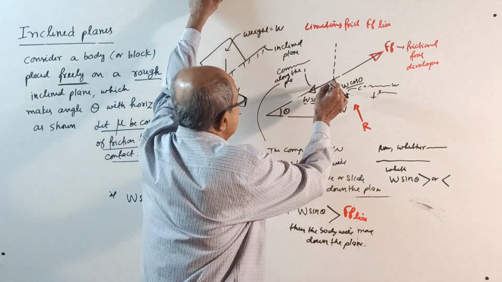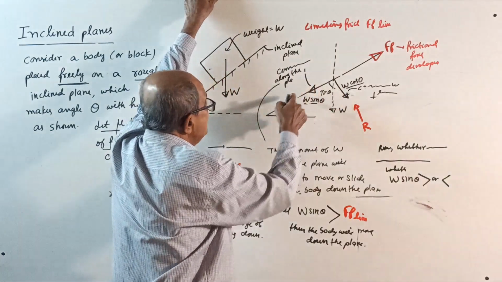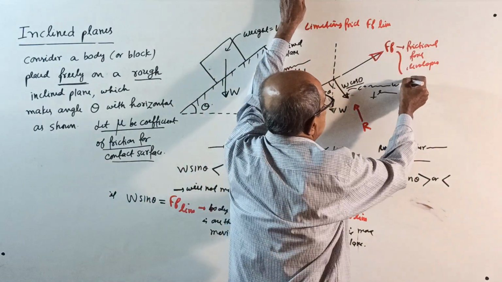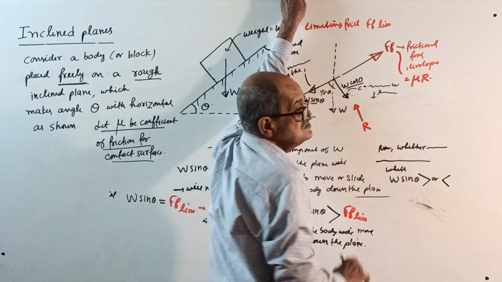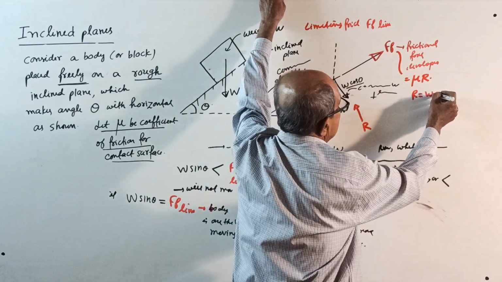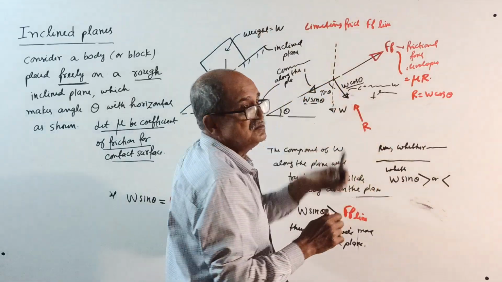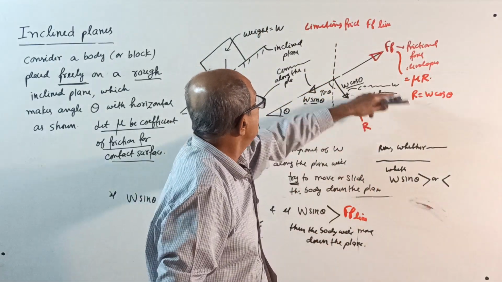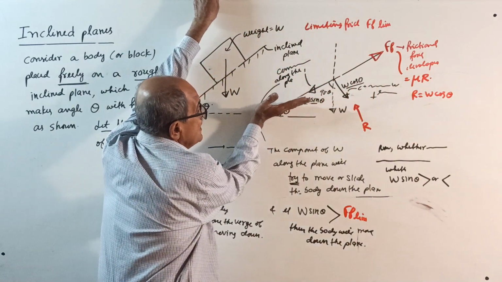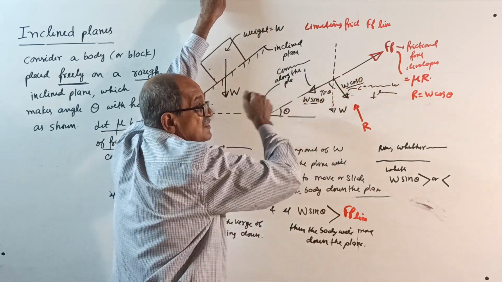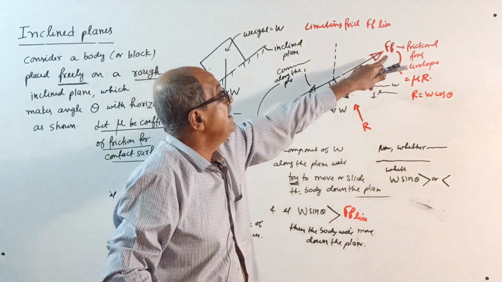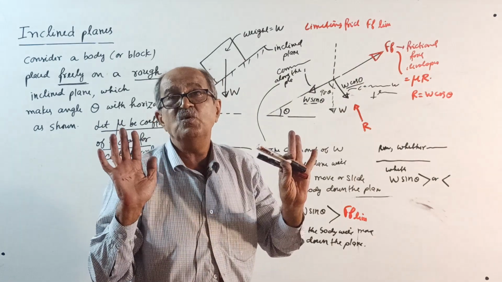So this W sin theta will increase with theta, but Ff limit is constant. Why? Ff limit equals mu into normal reaction R, and normal reaction R is equal to W cos theta. Therefore, if the angle theta is lesser, the force which will try to slide down is less than the limiting friction, and the body will not slide down.